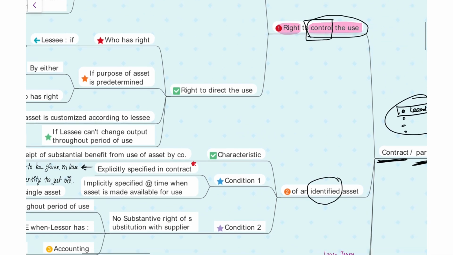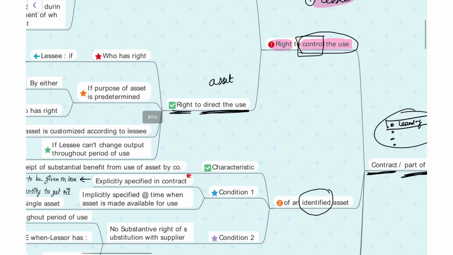The second point is that the lessee should have the right to direct the use. Right to what? Direct the use. That means how the asset should be used, whether it should be used at night or in the morning, whether one worker will work on that asset or five workers are going to work on that asset. The right to direct how the asset is used should be with the lessee only.